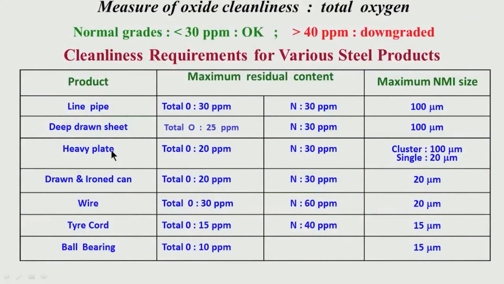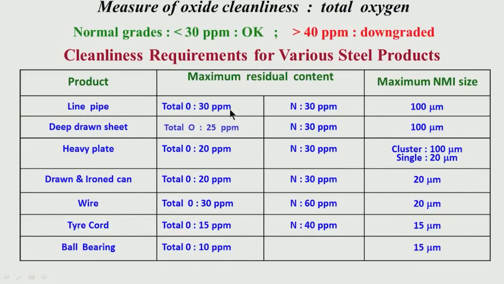and we want to produce a heavy plate from that. Can we do that? No, but maybe we can make a line pipe steel from that, because for line pipe steel 30 ppm is allowed, but for heavy plate only 20 ppm is allowed. That means when you are producing the slab, at that stage we have to decide whether the slab can be processed for heavy plate or not.